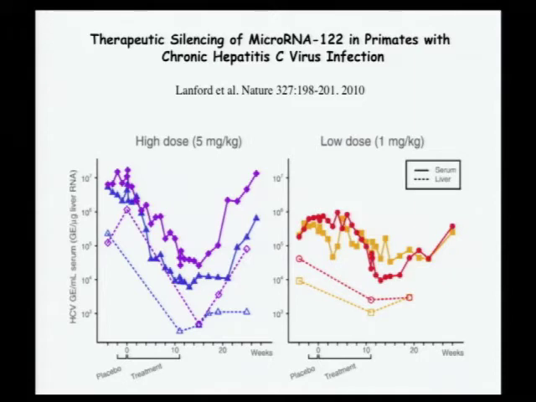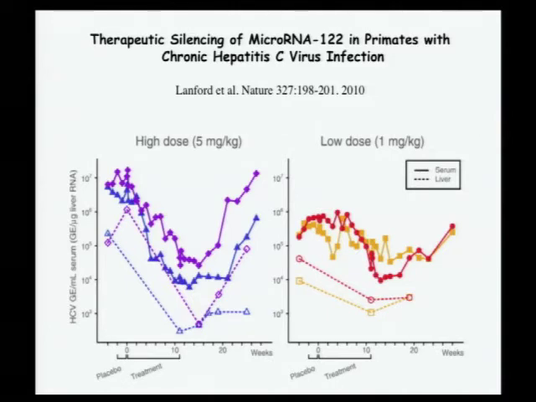Then they stopped giving the monkey the LNA, and the virus still persisted, but then eventually came back up. I didn't mention this, but we know from pharmacokinetic studies that when you stop treating an animal with LNAs, 7 weeks later the LNA gets secreted via the kidney.